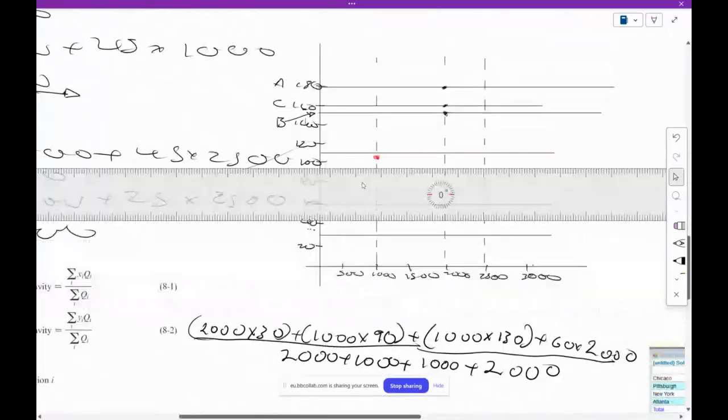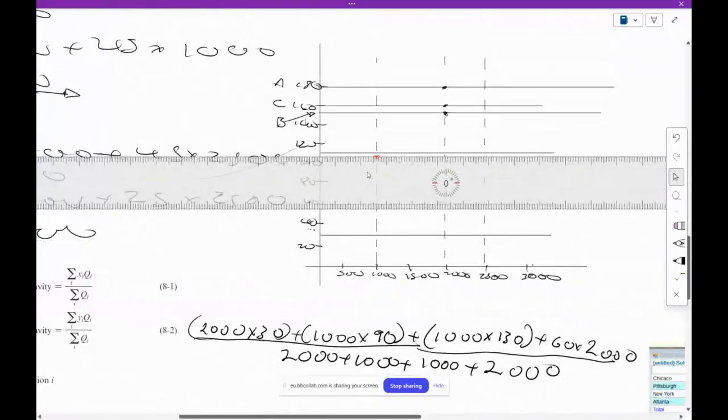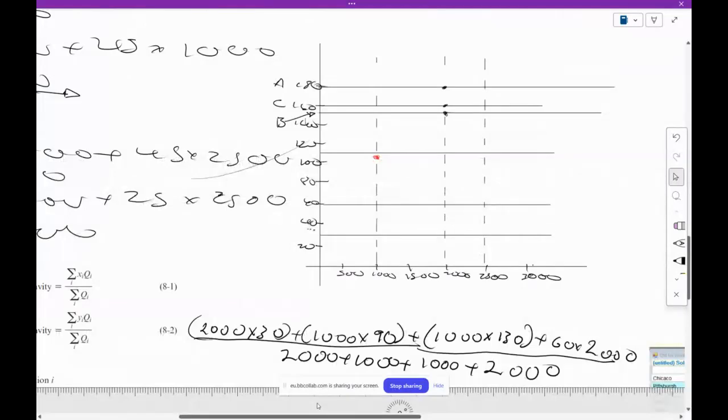Now we have 105. I've already drawn the 105 there. So let's go for another one. You will see that A and B need to pass 105. This is what it says at 1000.